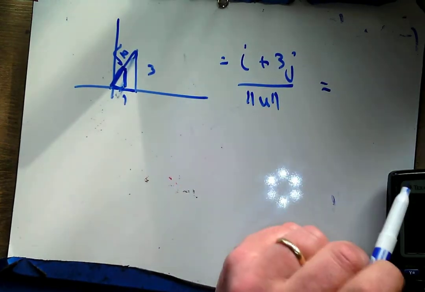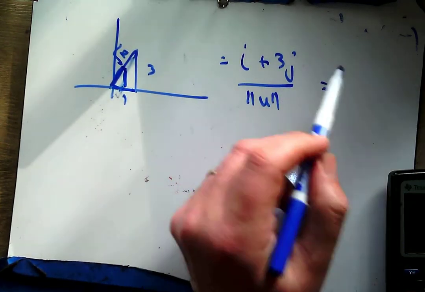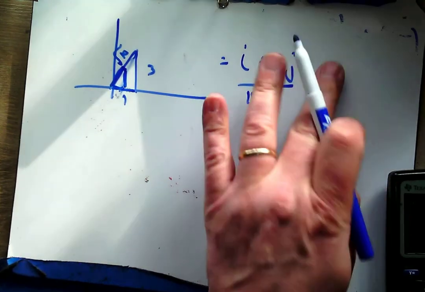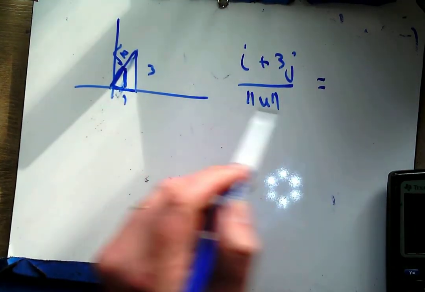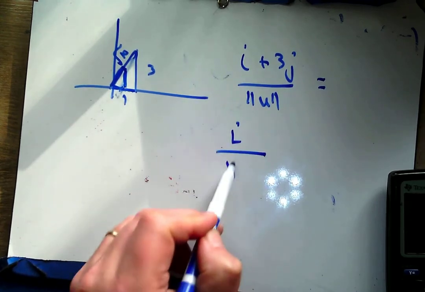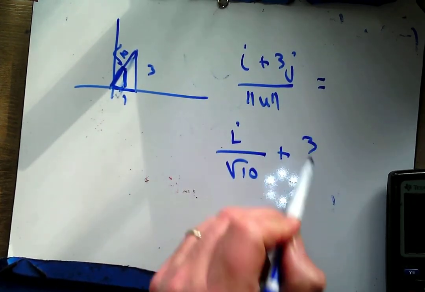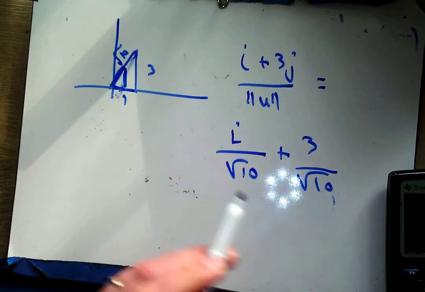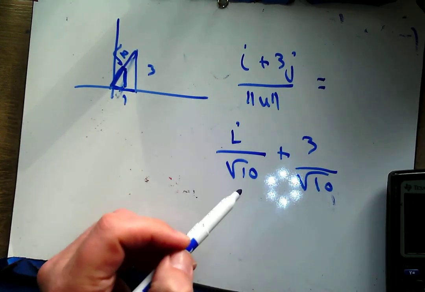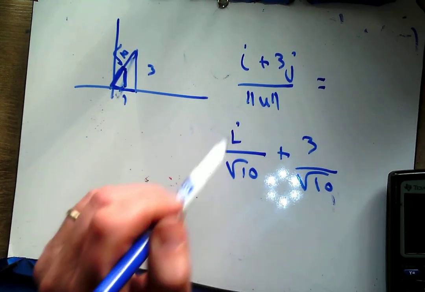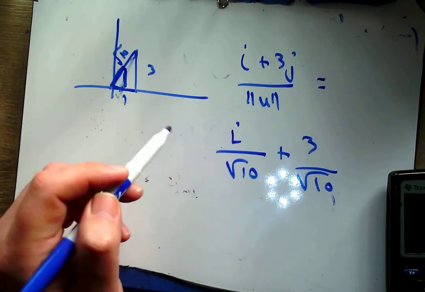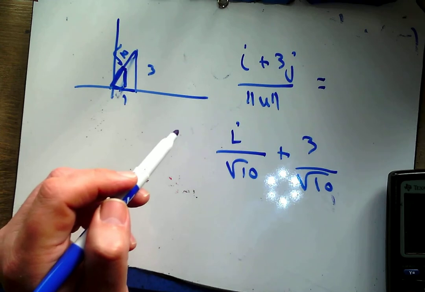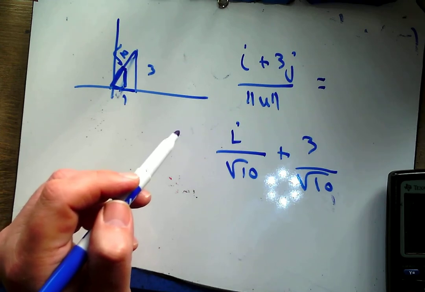And so this is 1 over root 10 i plus 3 over root 10 j. Okay, so that's the unit vector in the direction, but I want to go twice that. Yeah, I want 2 times this amount.